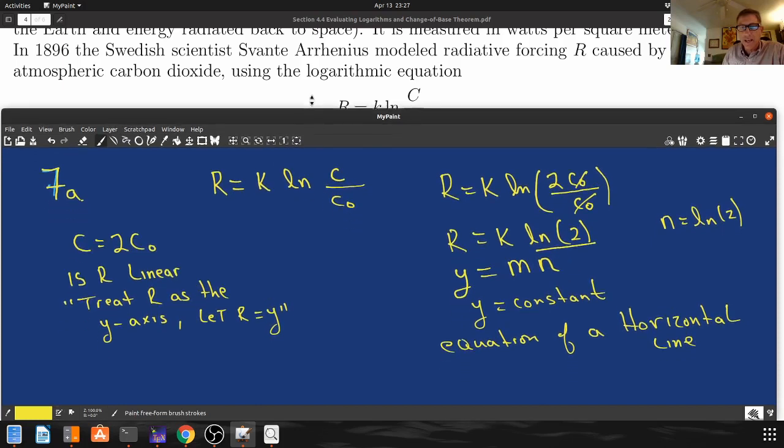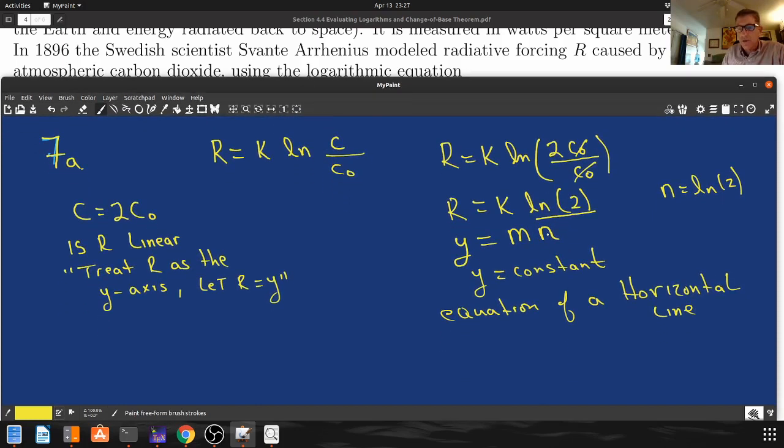I wasn't thinking ahead long enough. I just chose M and N because they're right next to each other. M is a constant. M is not equal to 0. And it's not the slope. I'm using it to mean something else other than the slope. So it's the equation of a horizontal line. So the answer is yes, linear.